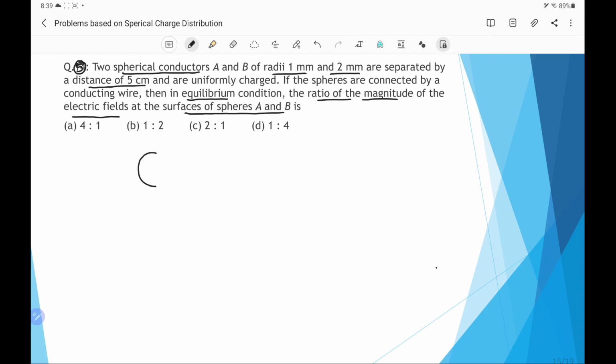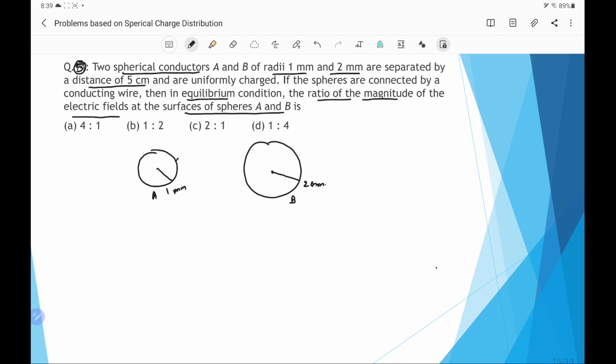Suppose this is the spherical conductor A and another is a spherical conductor B. The radius of A is 1 millimeter and the radius of conductor B is 2 millimeter. And these are uniformly charged.